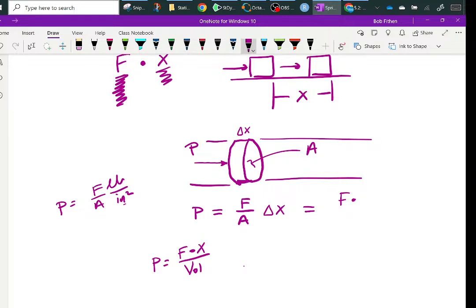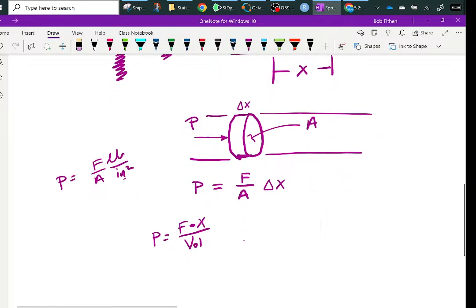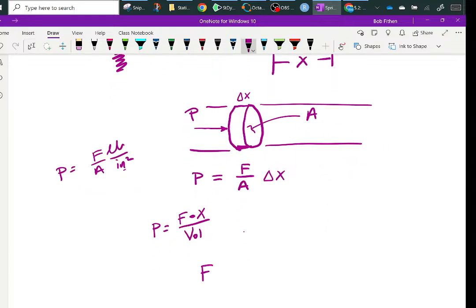Okay, I want to write this a little bit differently. Here's what I want to do. I want to do F delta X is equal to, now I want to take the force out, put the pressure over the area, and then say delta X.